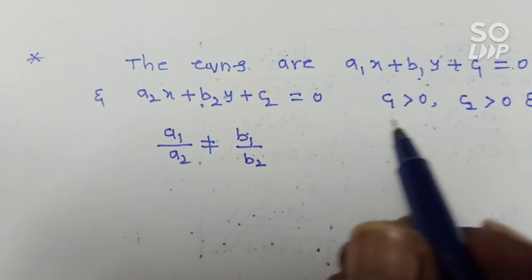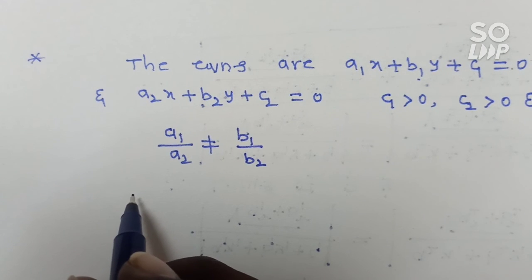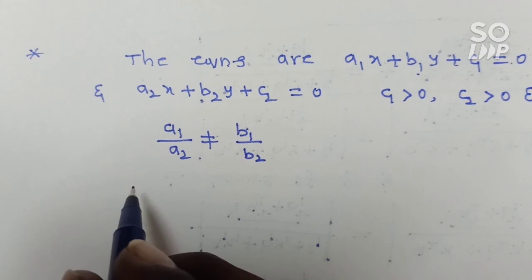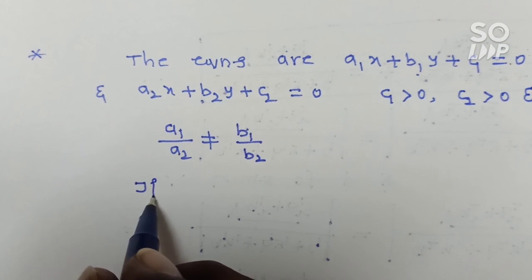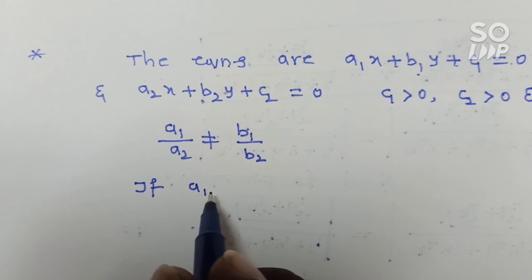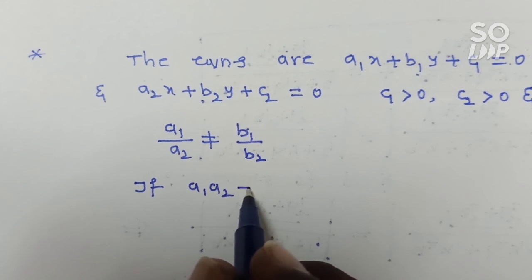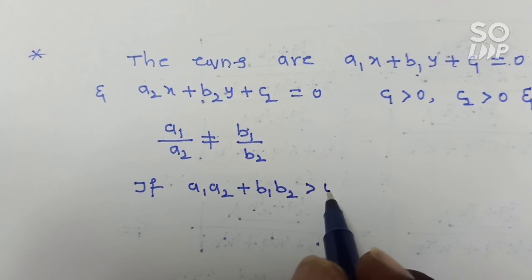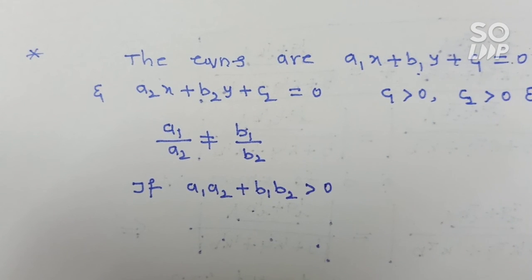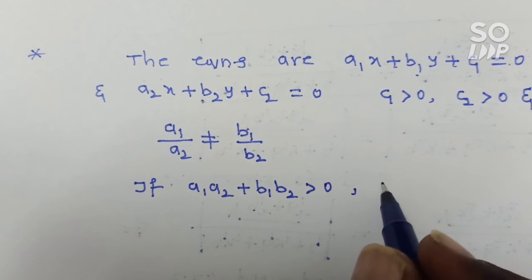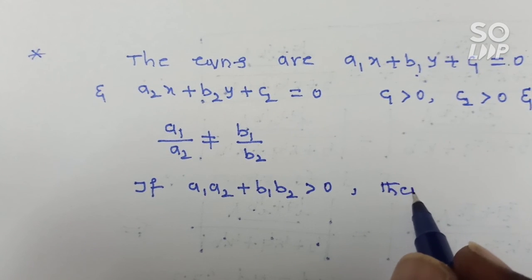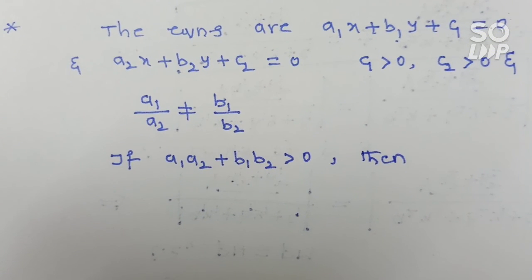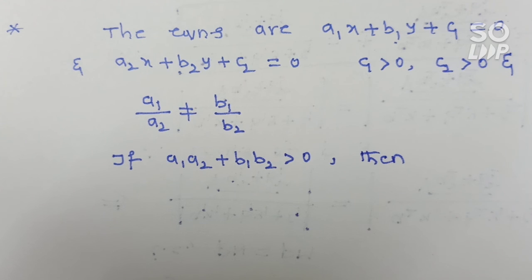So after that, say for the internal angular bisector, if a1 into a2 plus b1 into b2 is greater than 0, then what is the internal angular bisector or acute angular bisector? See this one.